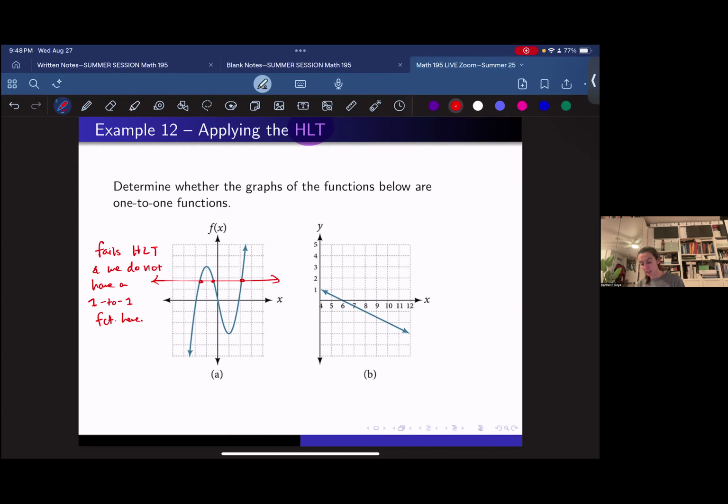But in that second example, it passes our horizontal line test. Therefore, we have a function. More importantly, a one-to-one function.